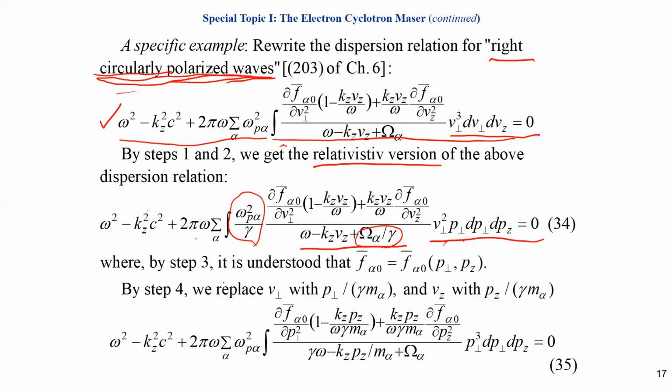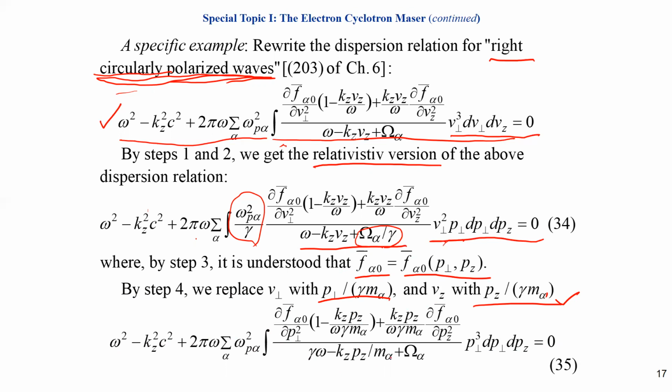Well, by step 3, it's understood F alpha is changed to this one. By step 4, we replace V perpendicular with this one, VZ with this one. What else? The same. V perpendicular.